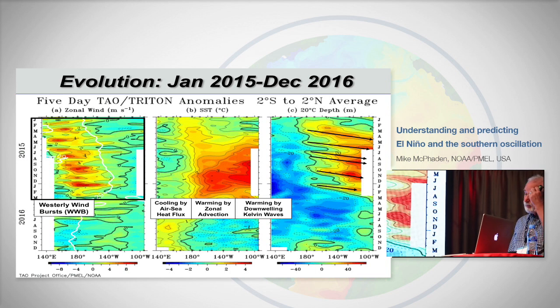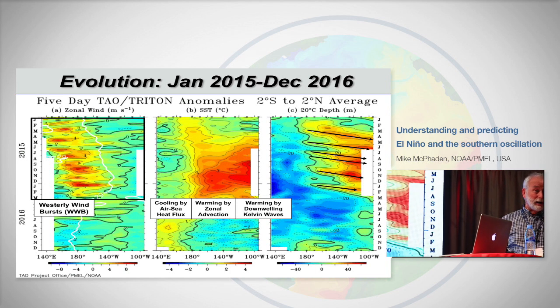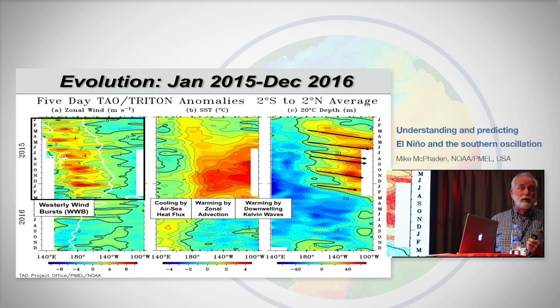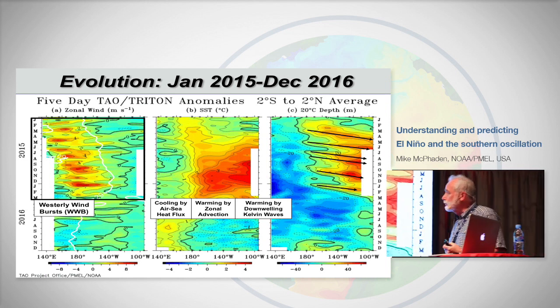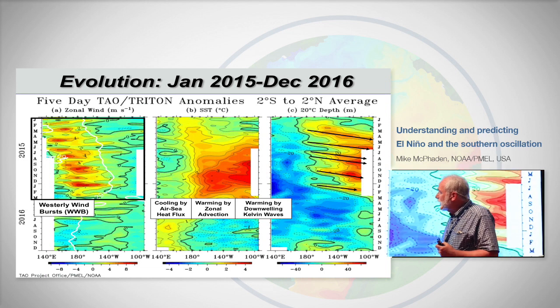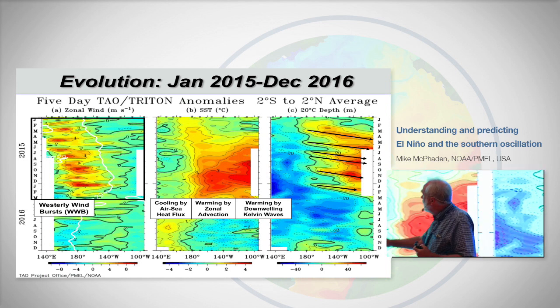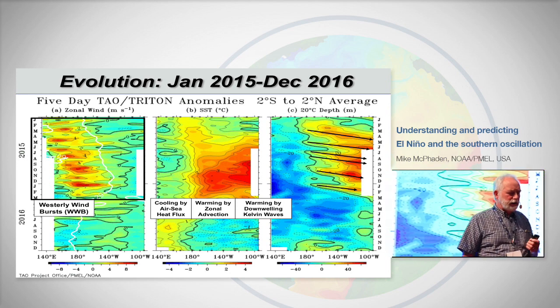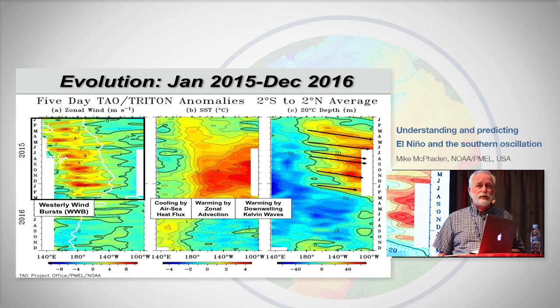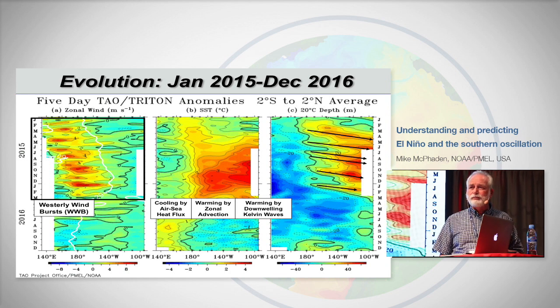Okay, so this is probably the most complicated part, but it really does illustrate well the interplay between the high and the low frequency and how these two are really essential for El Nino development. So what we have are 5-day anomalies of TAO/TRITON data, and this is why the moorings are so valuable, because you can really pick out the high frequencies here.